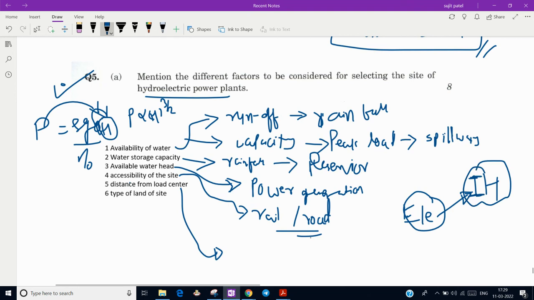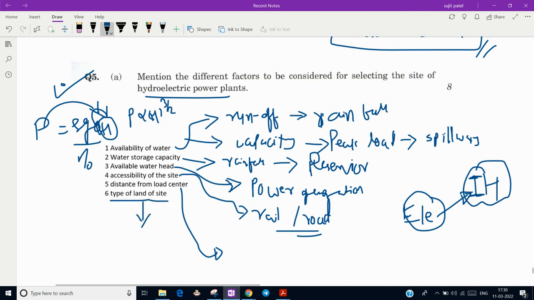Another thing we have to think about is the nearby people living in the area, whether they are affected or not. We have to choose the site in such a manner that they are affected in a minimum manner, and their livelihood should not be affected very much by the power plant. Then types of land on the site.